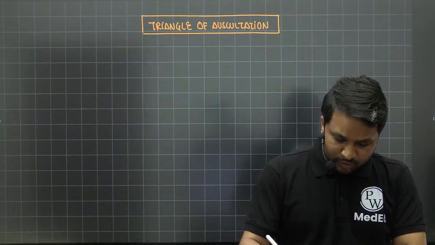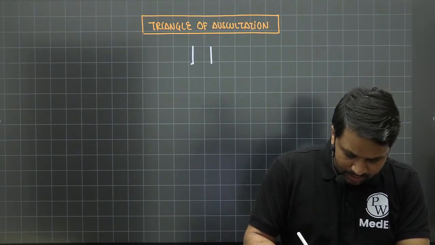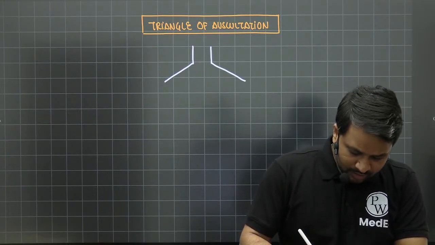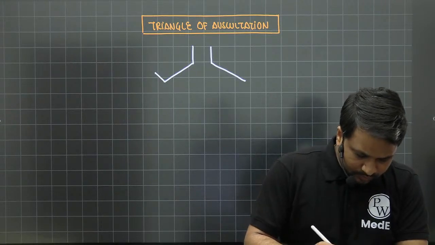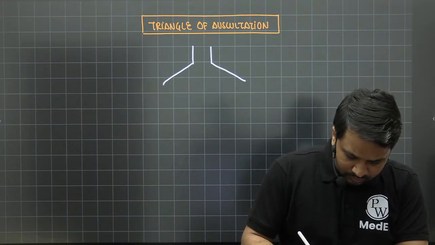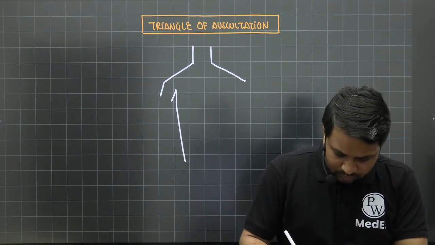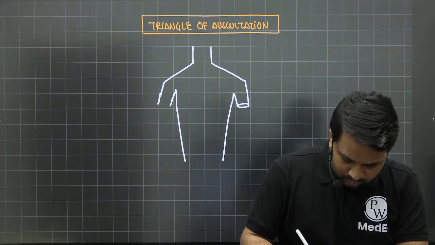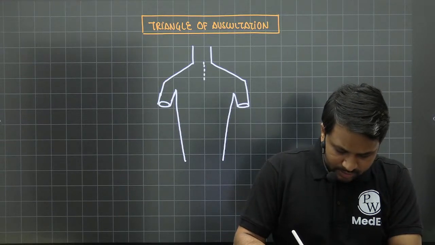So if I give you the posterior aspect of the patient, let's say this is the patient and this is the posterior view of the patient. Just for the sake of understanding, the same orientation is present here, and this is going to be the midline.